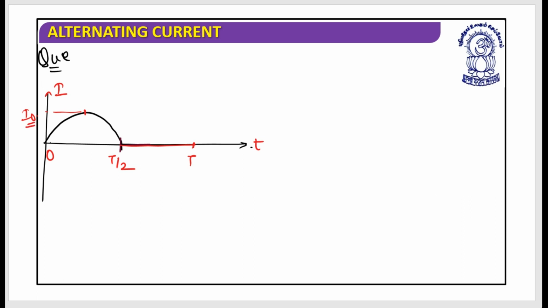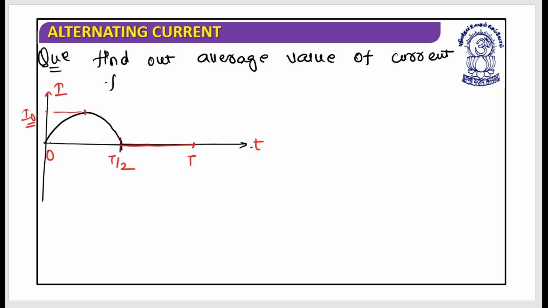How should I do this? They will ask me to find out the average value of current for one complete cycle.